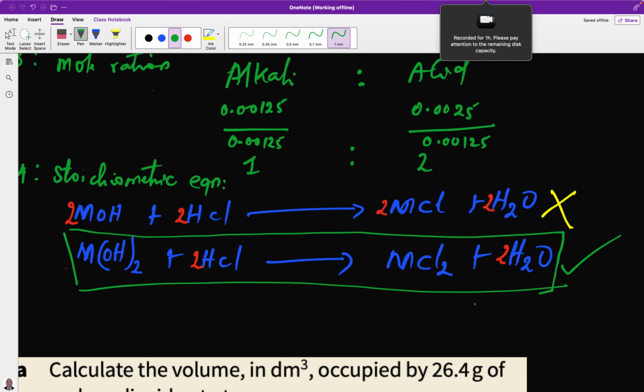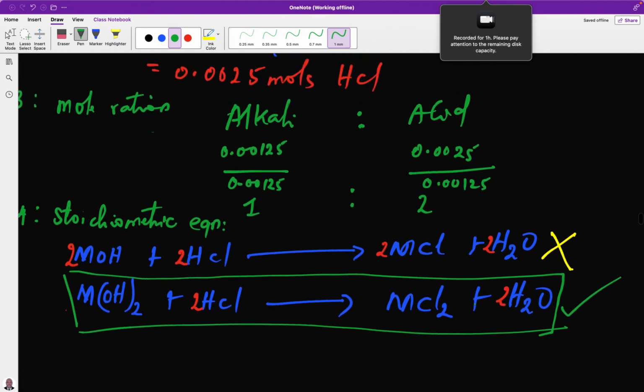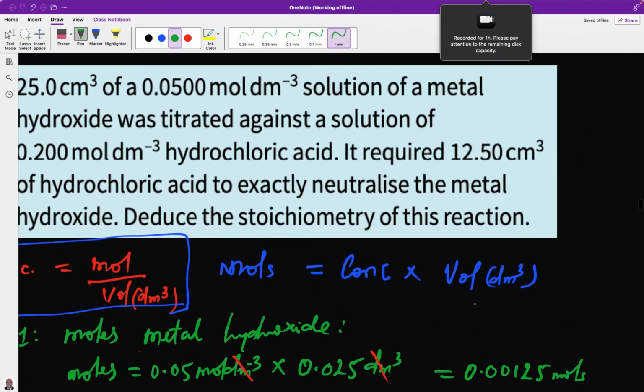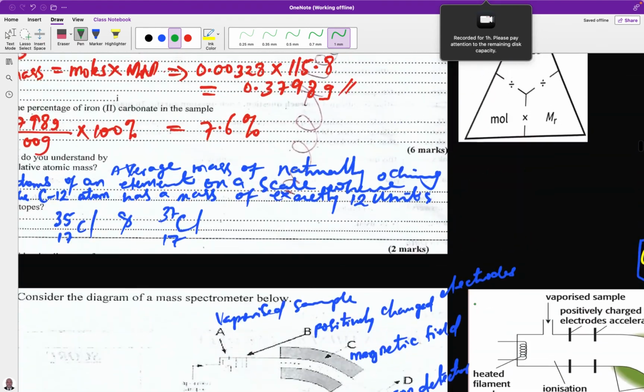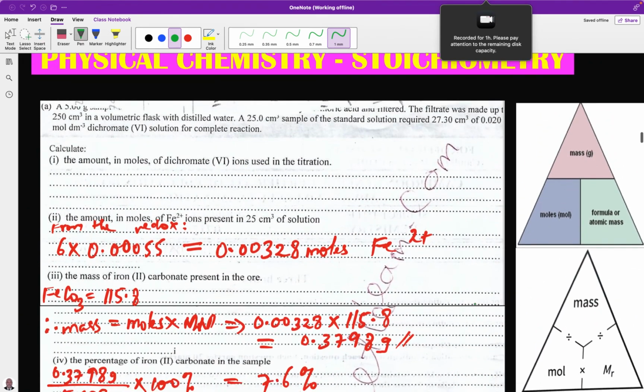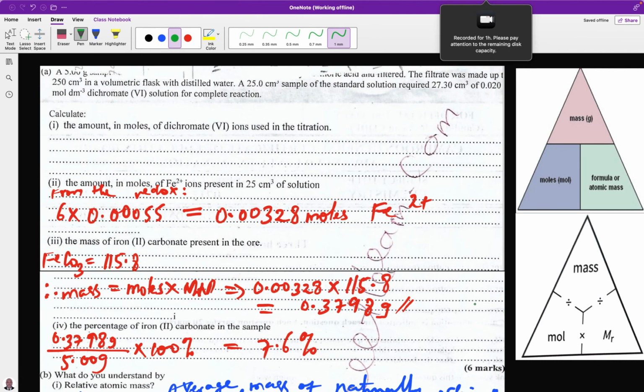So now, a recap of what we have done. You were given a certain mass of a sample of the iron 2 ore that was dissolved in the acid, and it was filtered off, and finally the solution was made up to 250 cm cube in a volumetric flask with distilled water.